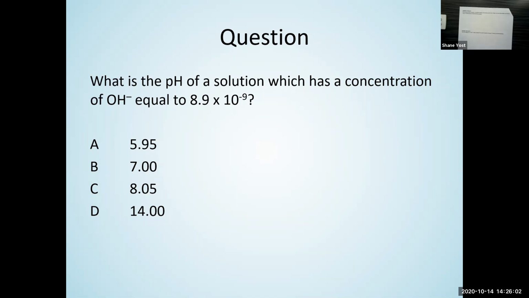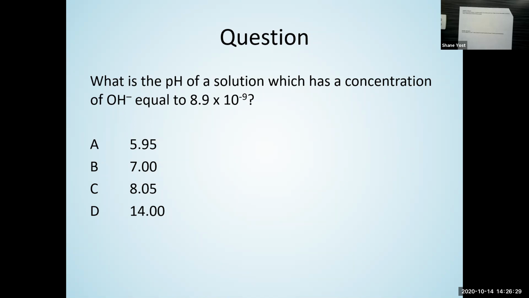So for this question, you can definitely calculate the pH by calculating the pOH and then doing 14 minus the pOH. You'll get one of these answers. But we can also reason out the answer based off the possibilities we're given, without ever having to plug anything into a calculator.